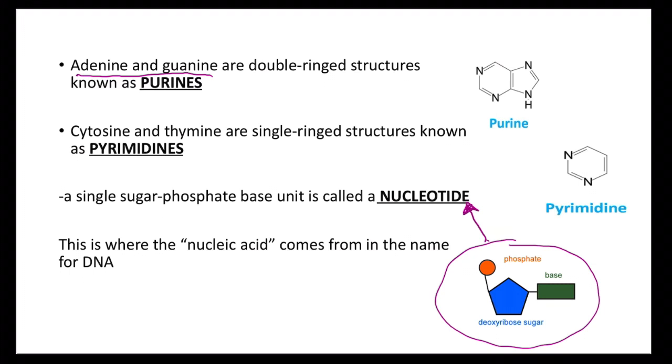It contains one phosphate, one base, which could be adenine, thymine, cytosine, or guanine, and it must be included for it to be a nucleotide. This is where the nucleic acid comes from in the name DNA. So the nucleic acid is not so much referring to the nucleus as it is referring to the nucleotide.